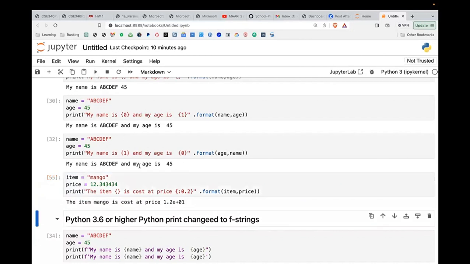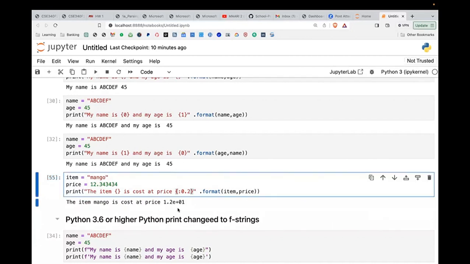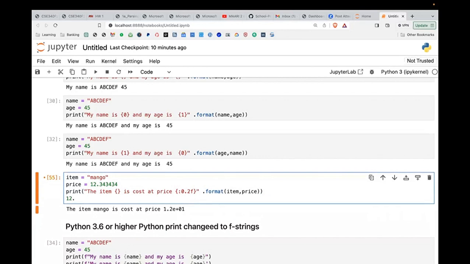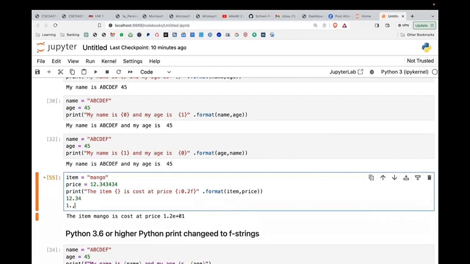So .2f is not required? When you do not write f here, it will show the decimal in the e-to-the-power notation. So 12.34 can be represented as 1.2 multiplied by 10 to the power 1.